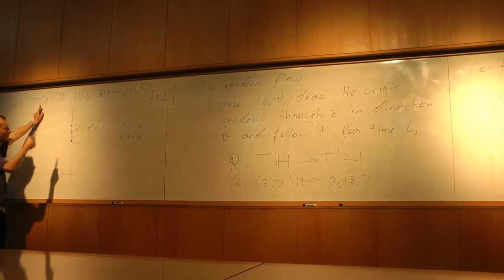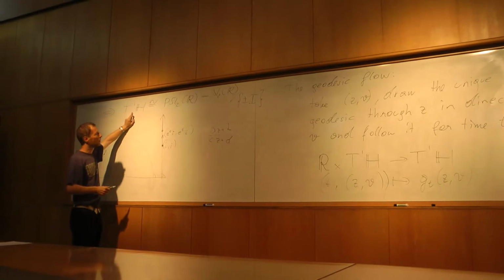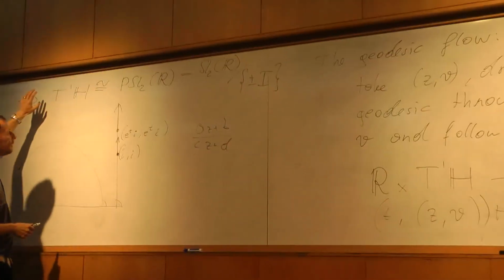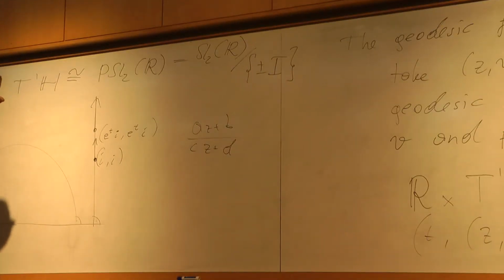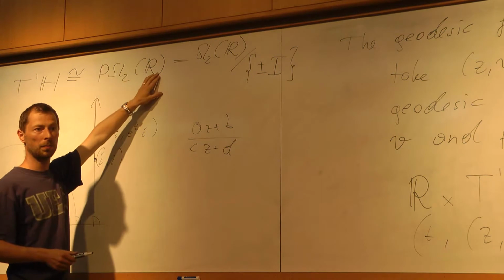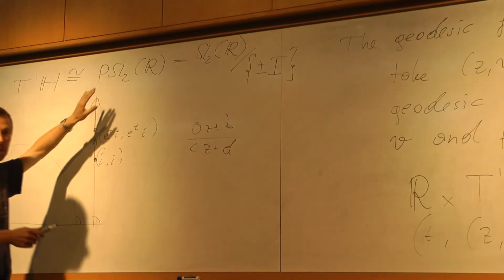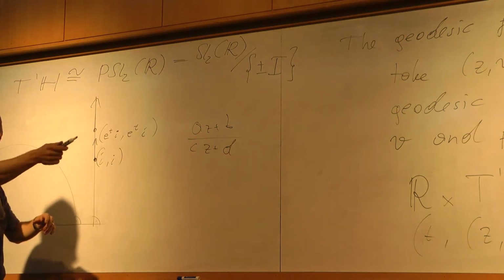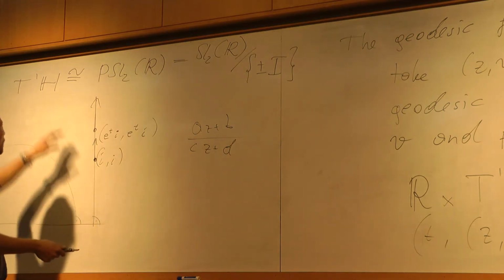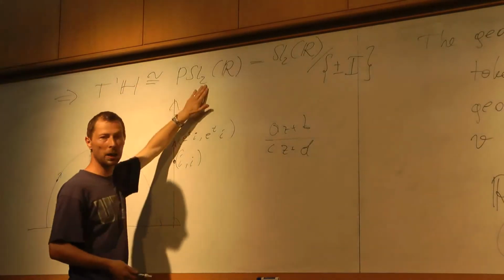So maybe another way to ask is, when I apply a Mobius transformation on T1H, what does it correspond to on PSL2R? Well, we had the composition law, and the composition law tells you that the Mobius transformation corresponds to left multiplication on PSL2R.